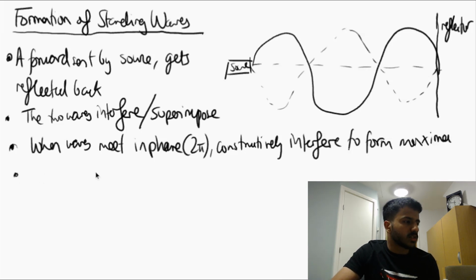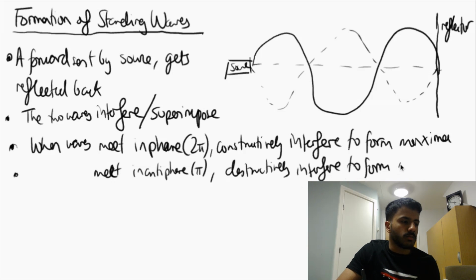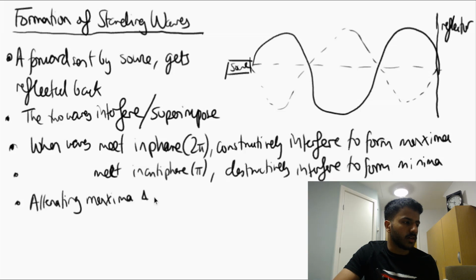And when they meet in antiphase, which is a phase difference of pi, they destructively interfere to form minima. So therefore you'll get alternating maxima and minima.